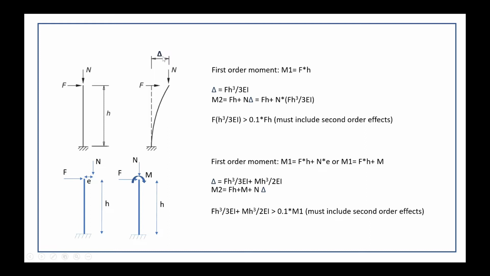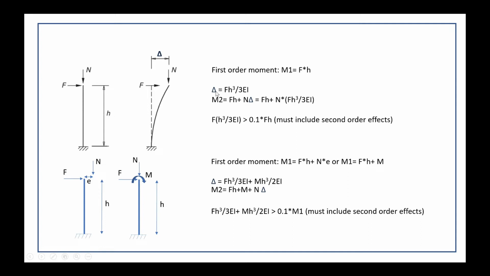This delta is big delta. And for the first order moment, you can apply S1 multiplied with the level arm. Level arm is the H. Now M1 is equal to S1 multiplied with H.